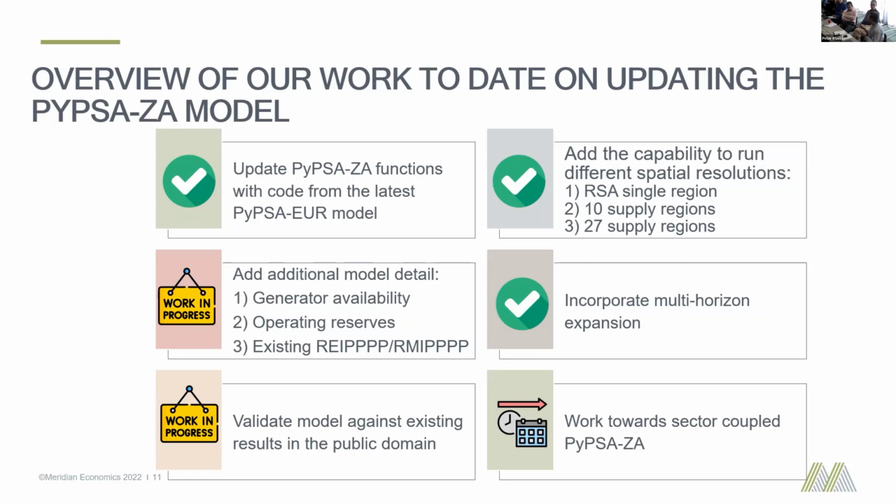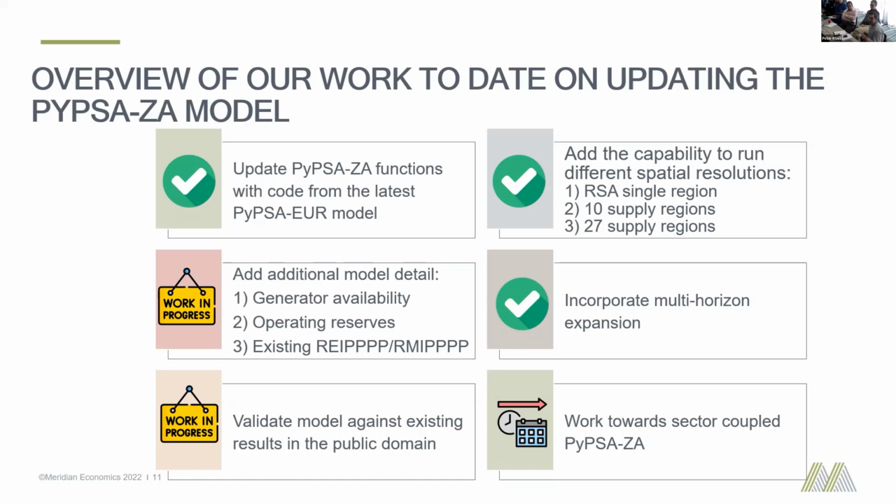We then worked on 10 supply areas, very similar to what Ronak presented with essentially the 9 provinces, and made a section for the hydro cluster just to capture the grid properly. And if you still want to do high resolution on the spatial side, you can leave the model as 27 supply areas. So that's now a switch that you can choose.